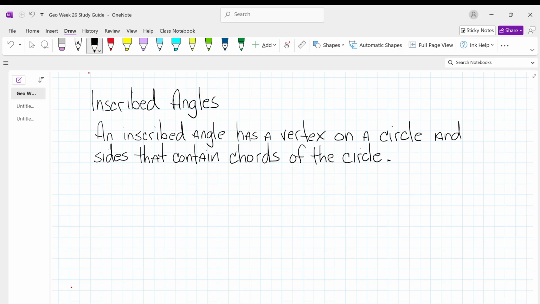An inscribed angle has a vertex on a circle and sides that contain chords of the circle.